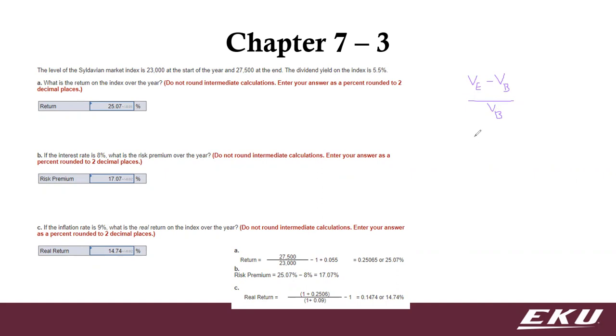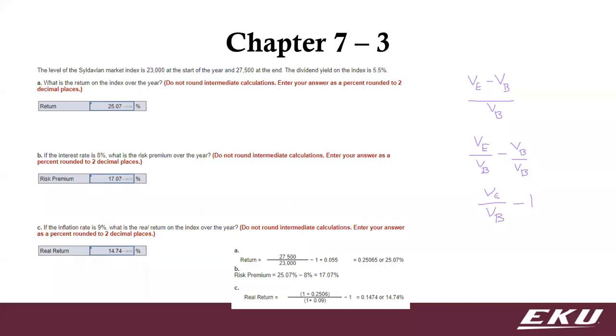If I do the algebra, this is the same thing as saying the ending value divided by the beginning value minus the beginning value divided by the beginning value, which is the same as this minus 1, right? Which is what this is here. So I just don't want you to get confused. It's the same formula. It's just a little bit of algebra to show a slightly different way of doing it.